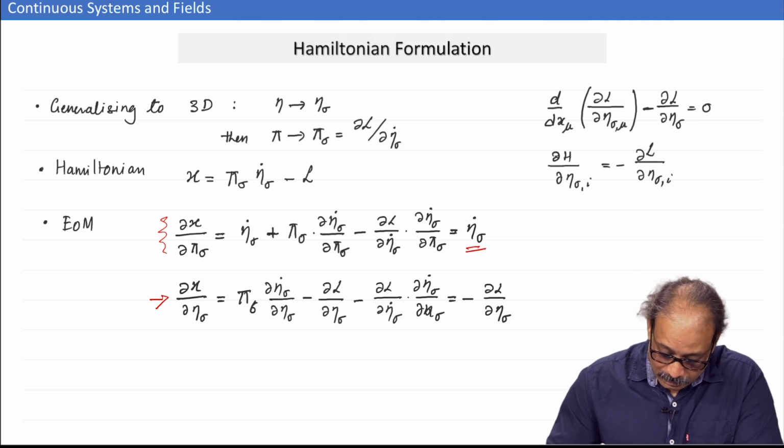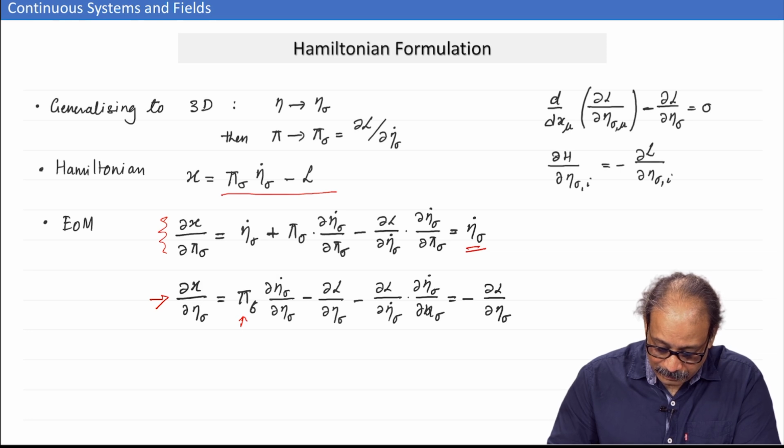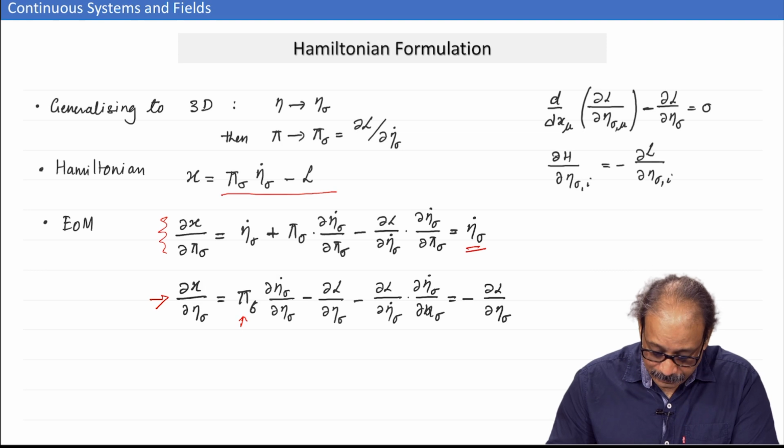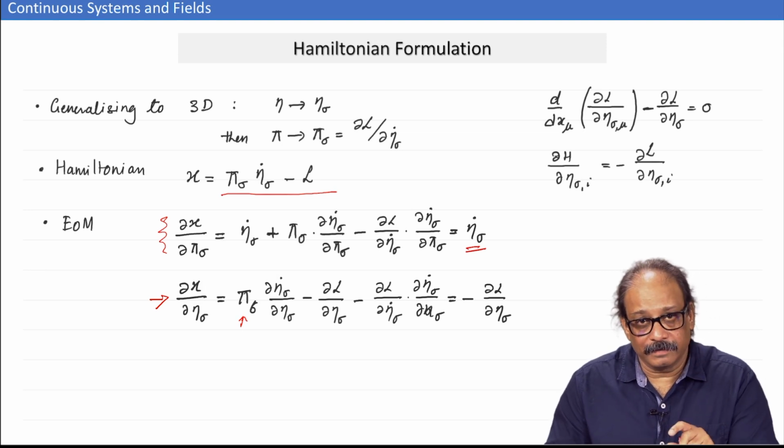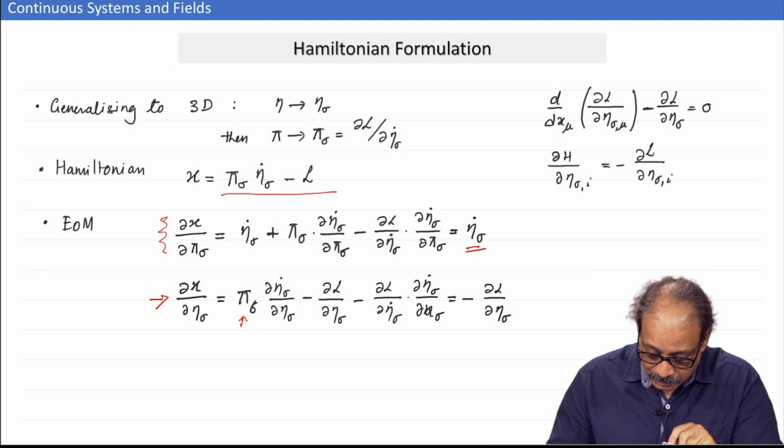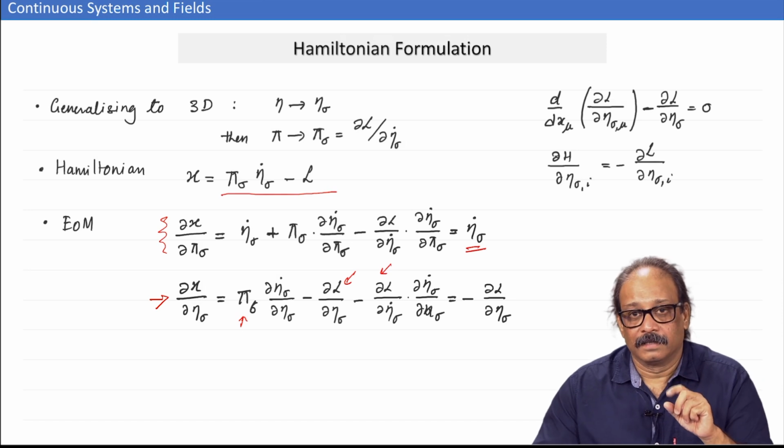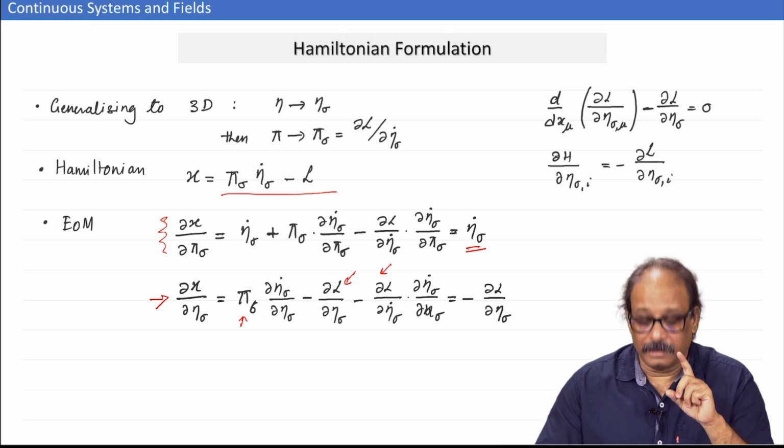Now, the expression here again is pi sigma multiplied by the derivative of eta sigma dot with respect to eta sigma, minus L, which depends on eta sigma directly, so that is this term, and L depends on eta sigma through eta sigma dot.